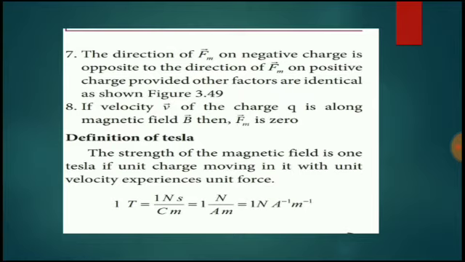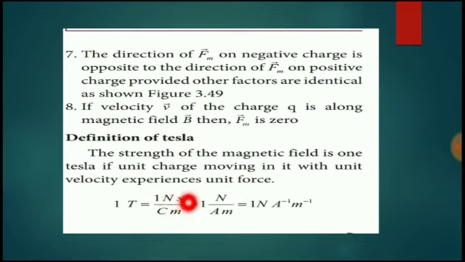And the unit is Tesla. See the definition of Tesla. The strength of the magnetic field is 1 Tesla if a unit charge moving in it with unit velocity experiences a unit force. So 1 Tesla is equal to 1 Newton second divided by Coulomb meter, because Coulomb is our charge.